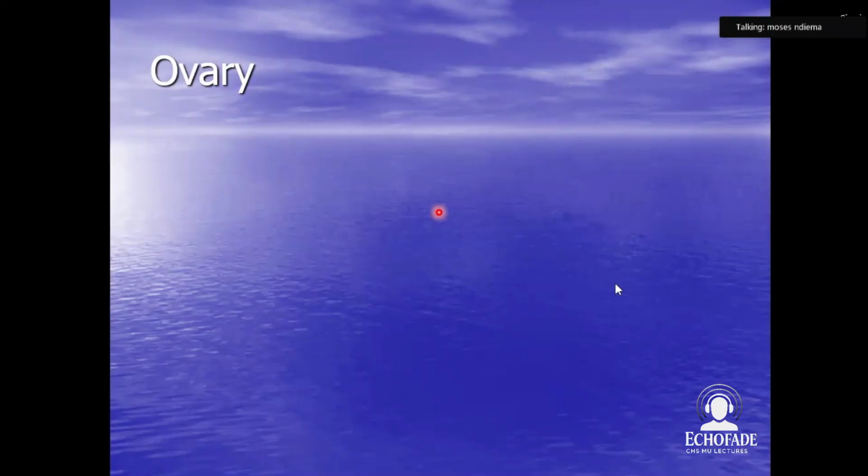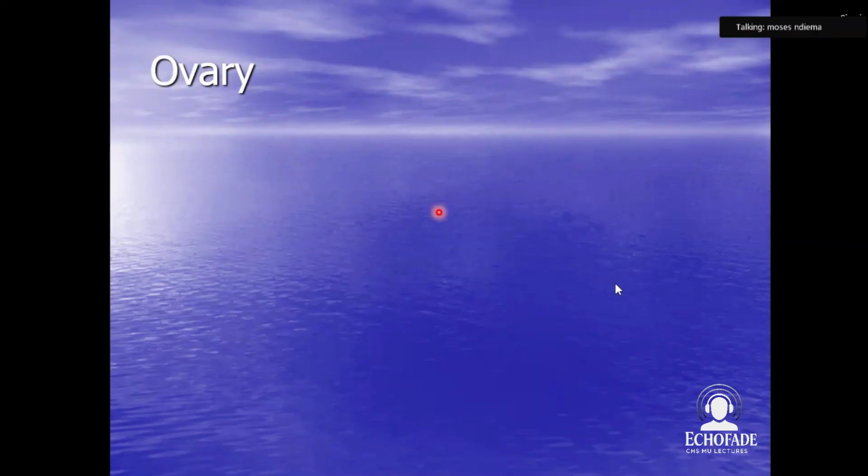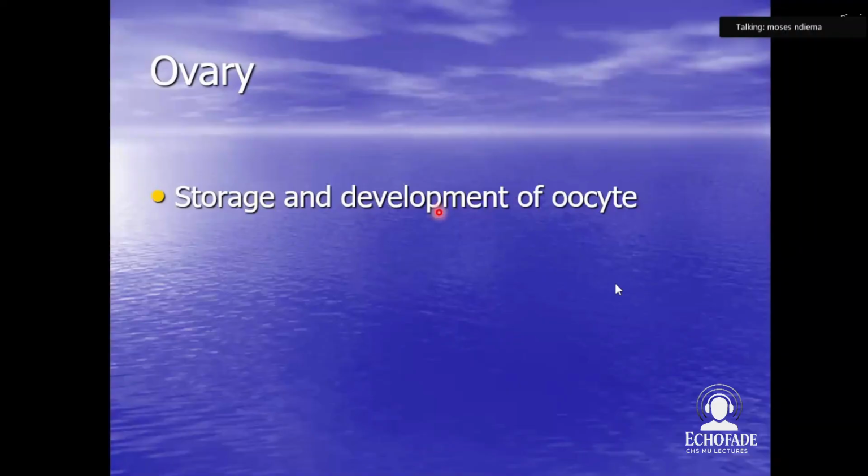And the gubernaculum ovarii is also very important in the descent of the ovary, so that the ovary finally comes to lie close to the pelvic cavity. The ovary is very important in storage and development of the oocyte.